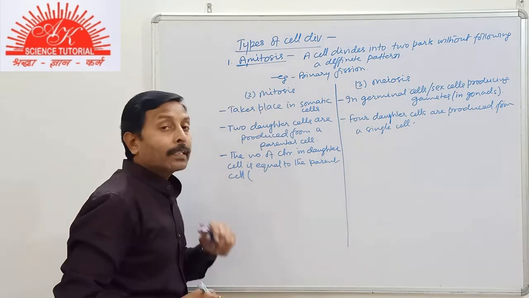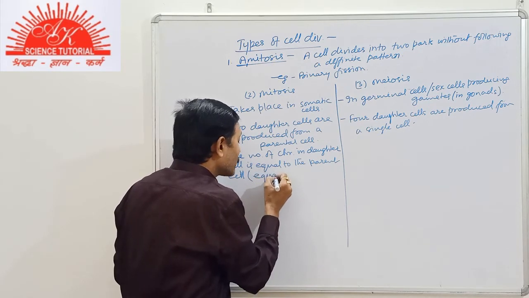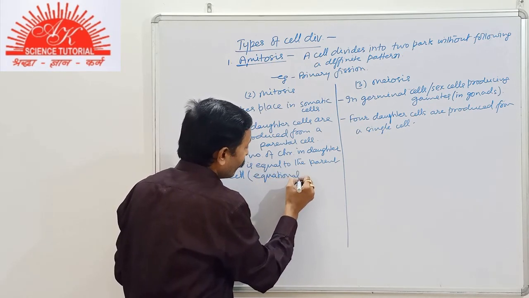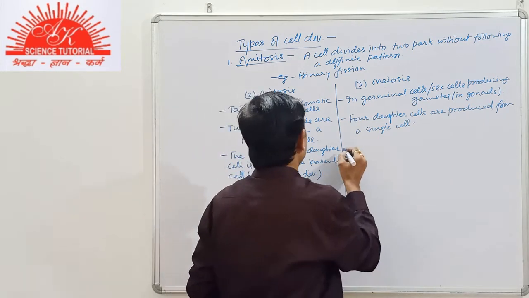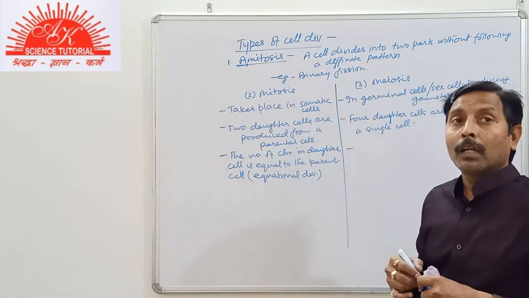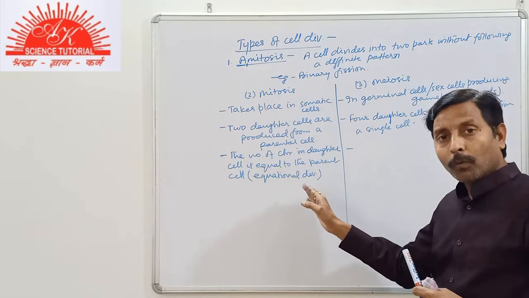Hence, this cell division is also known as equational division. Equational division means the two daughter cells have the same number of chromosomes.